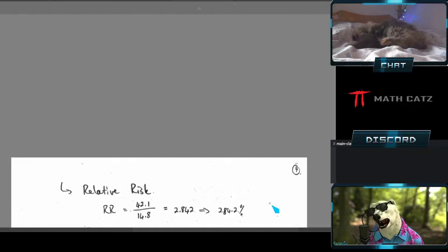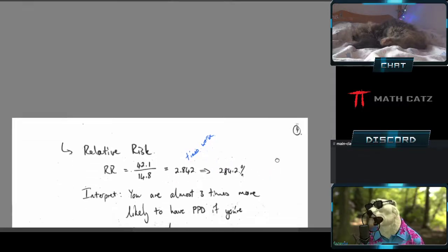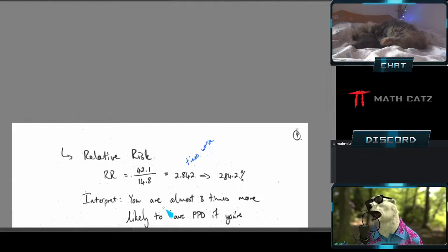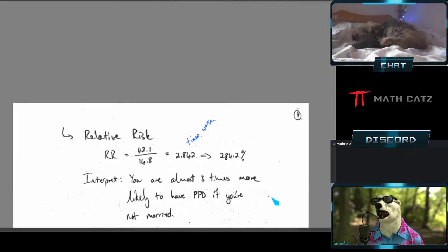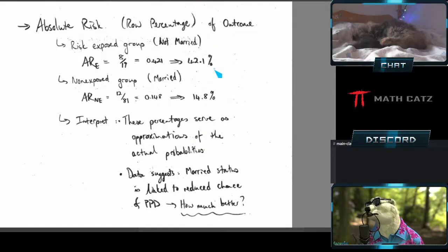2.8 times. Why am I writing in blue? Well, why not? 2.8 times worse to be unmarried versus married. And of course, I want to interpret that. So let's do it. You are almost 3 times more likely to have postpartum depression if you are not married. So, yes, you didn't need to calculate that.